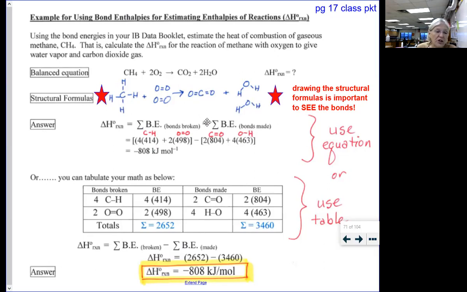That's why you have to change the sign. You've got 2 C to O double bonds, and you've got 4, 1, 2, 3, 4 O to H bonds. When you set that up, reminding yourself what the number is and what the number of bonds are, you get the answer. I prefer setting it up this way myself, using an equation, but some people prefer to use a table.